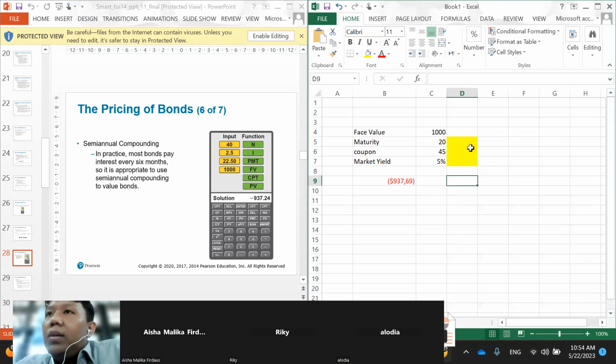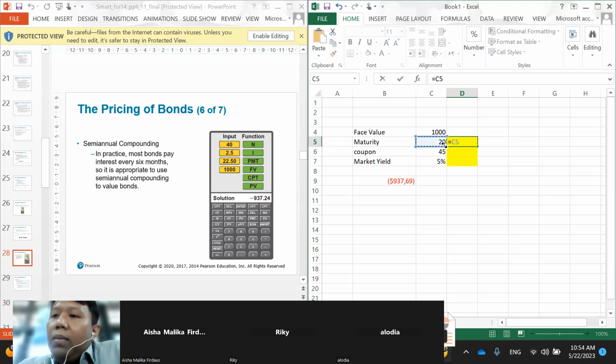All right. What happens is that when we have semi-annual payments, we need to adjust each of these numbers. We will multiply the maturity by 2.